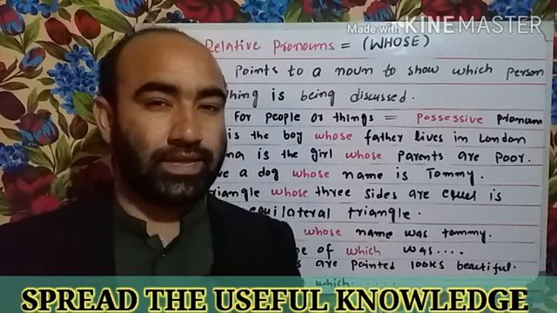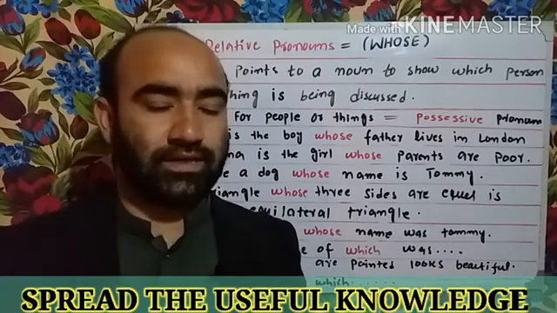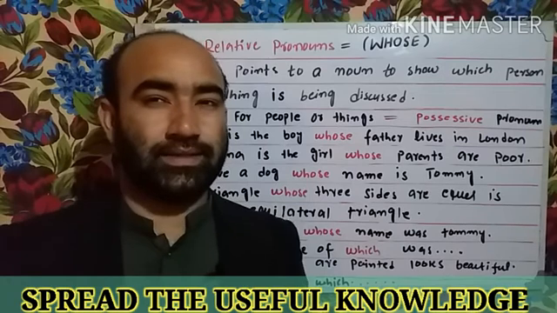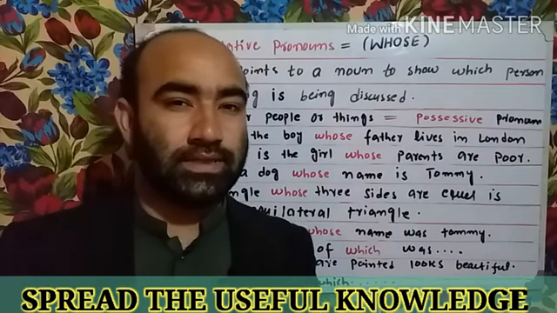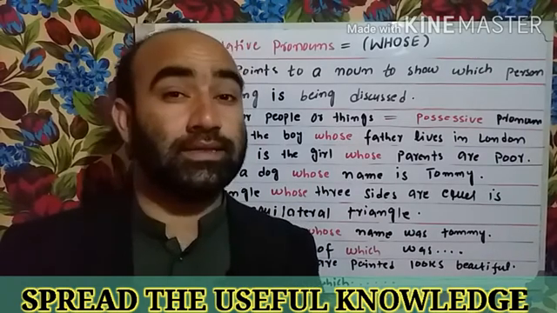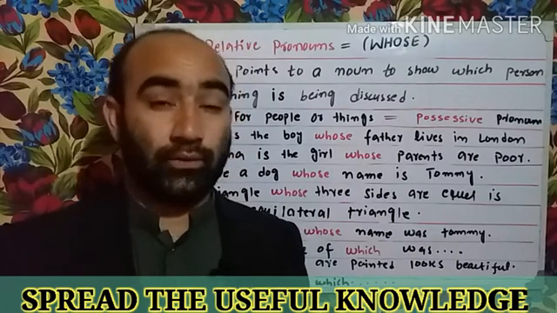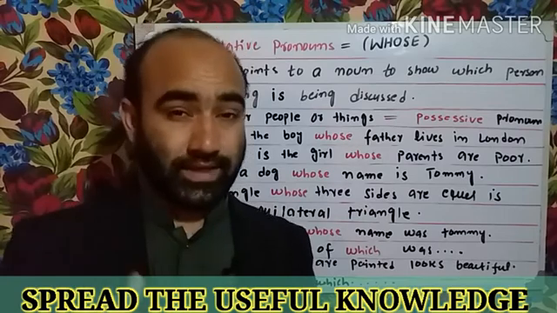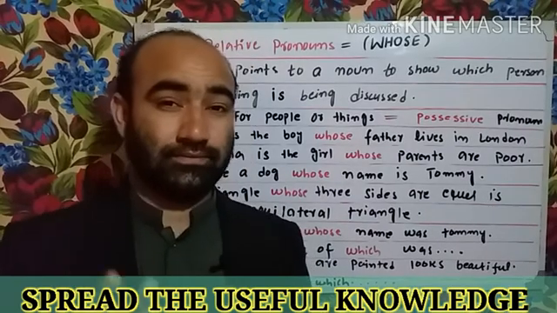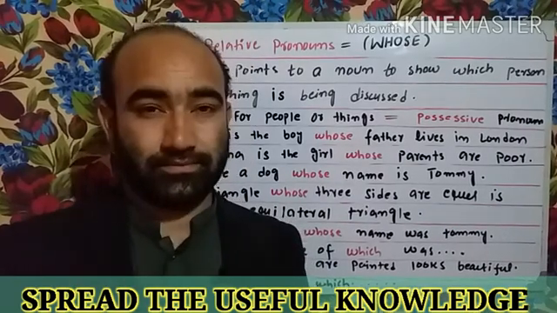Okay? But they were human beings. Instead of this, if you say table's legs, they are considered wrong. With non-living things, you cannot use the apostrophe.